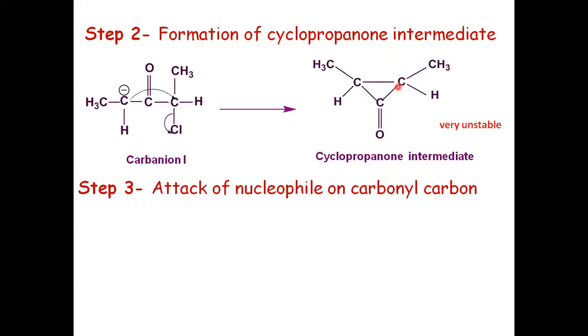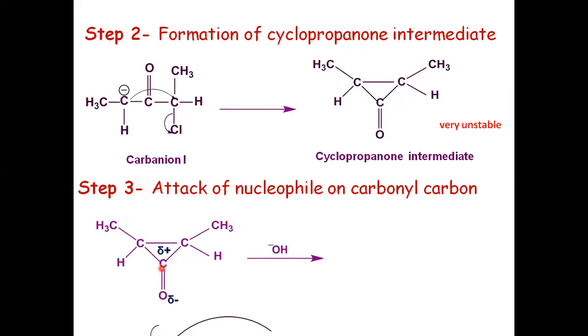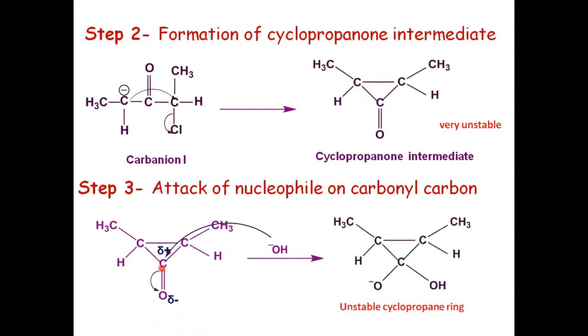Third step is the attack of nucleophile on carbonyl carbon. In the cyclopropanone intermediate, in the carbonyl group, oxygen is electronegative, so it will acquire partial negative charge, and carbon will acquire partial positive charge. This positively charged carbon can act as an electrophilic center, and any nucleophile can attack this electrophilic carbon and form an oxyanion.